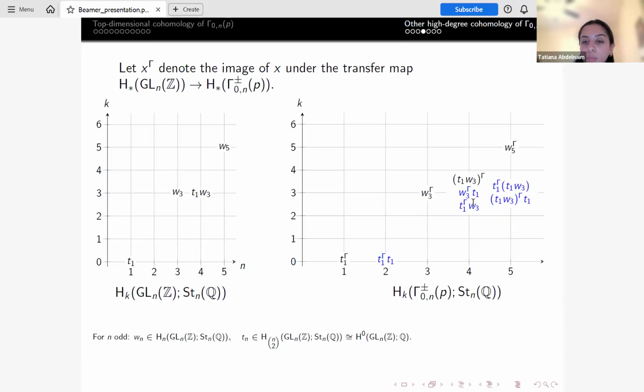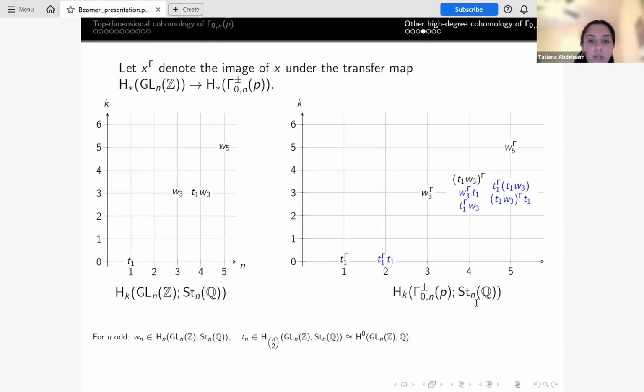So all these blue classes, we get them by freeness. And these are classes that were not known before. And all the classes in the black ink, we get them by the transfer map. So this is the homology of gamma plus minus with Tamer coefficients.